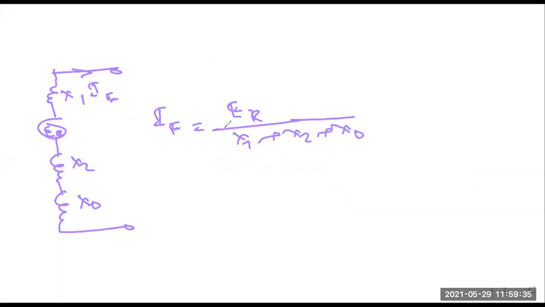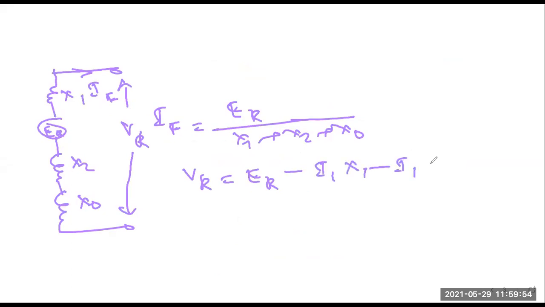Here you see, this is your terminal voltage. The terminal voltage here will be equal to ER, that is the generated EMF, minus there will be a drop. So that is I1 X1 minus I1 X2 minus I1 X0.